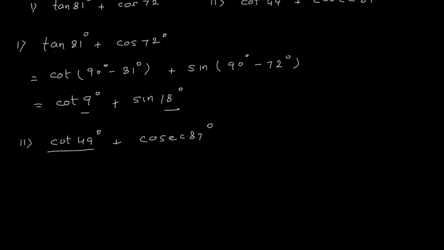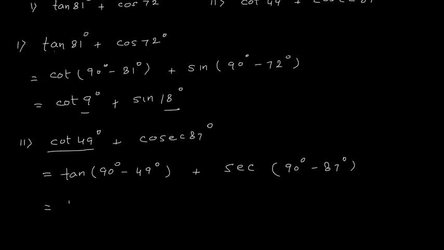So this cot 49, I will write this is equal to tan of 90 degree minus 49 degree, plus this I will write cosec of 90 degree minus 87 degree. This cot will convert in tan and this cosec will convert in sec. So this is sec of 90 degree minus 87 degree.